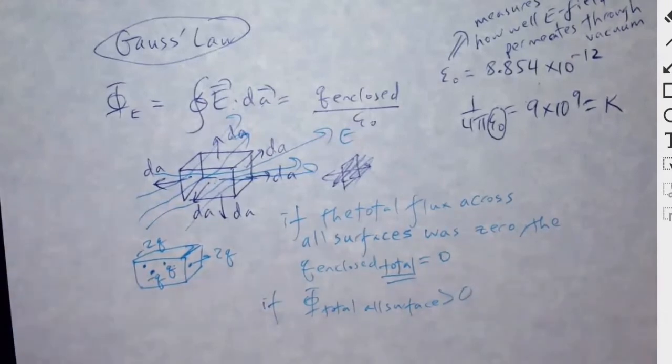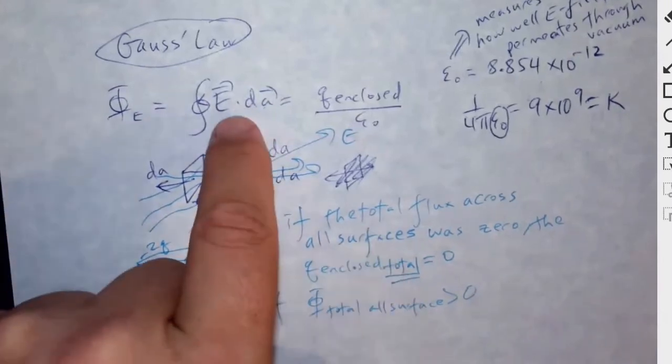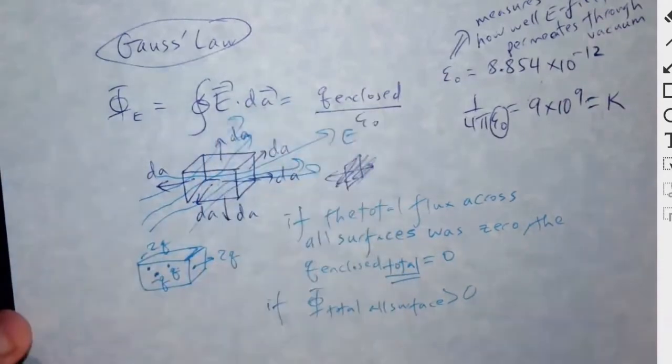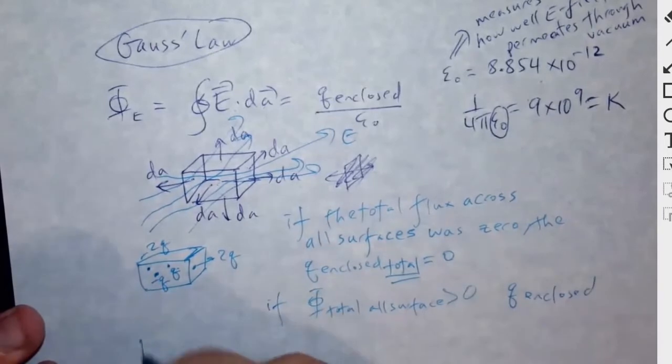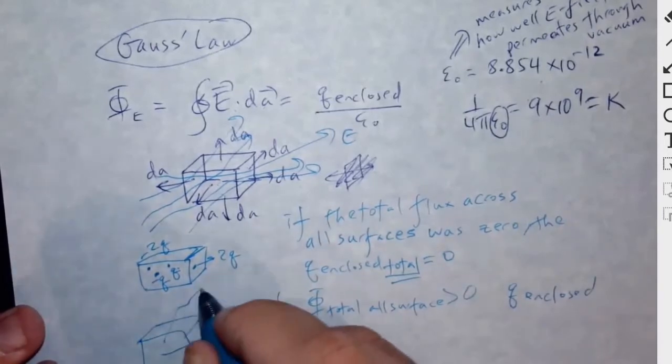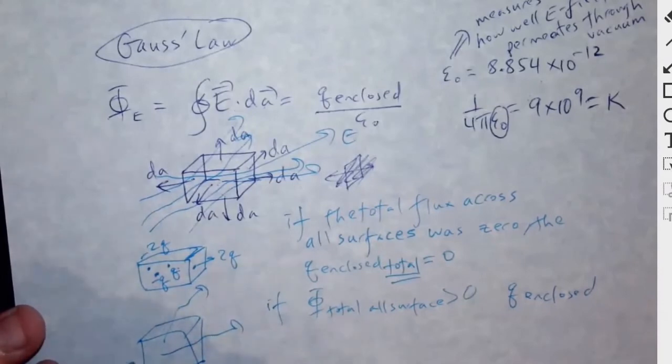Negative? No, if the total flux is positive, the total enclosed charge must be positive. In other words, if you have a box where there are more flux lines going out, let's say it's like this.